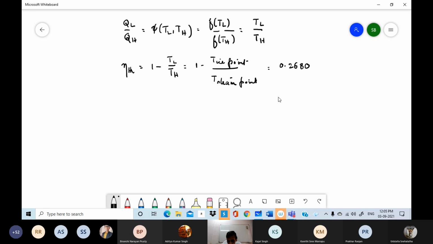So then we need to choose how large a difference means 1 unit. So an arbitrary assumption which is made is that, let us say, the interval between the steam point and the ice point is 100 units.